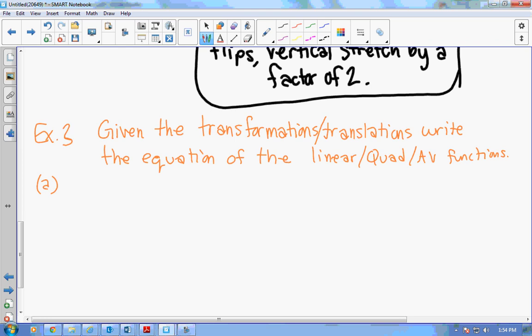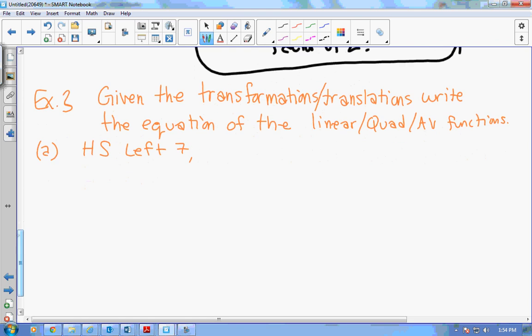Okay, if I gave you a horizontal shift left, what number should we use? 7. And a vertical compression by a factor of, do you know what a compression looks like? Right, by a factor, but what type of numbers?